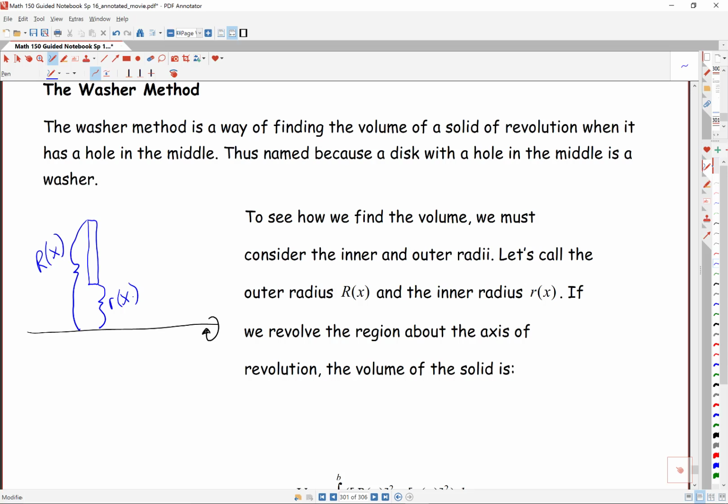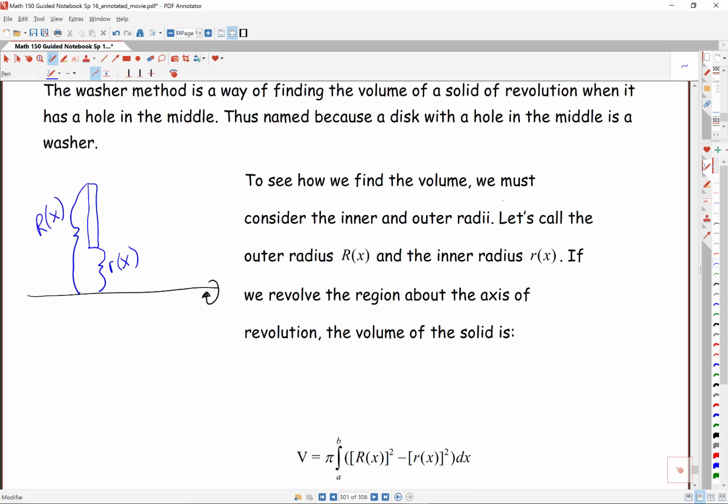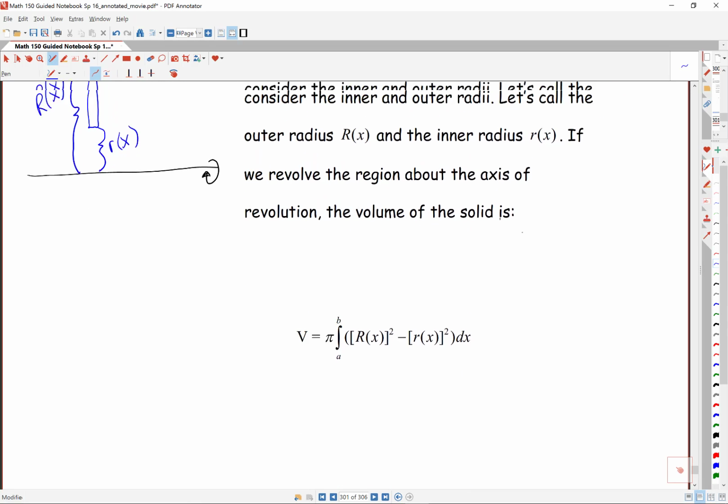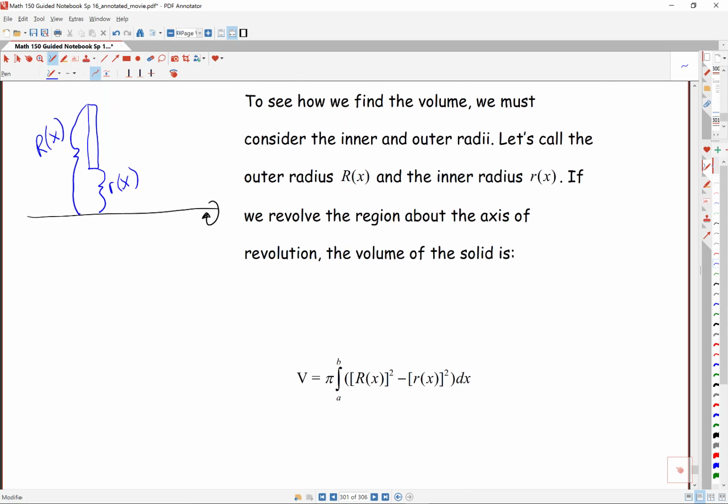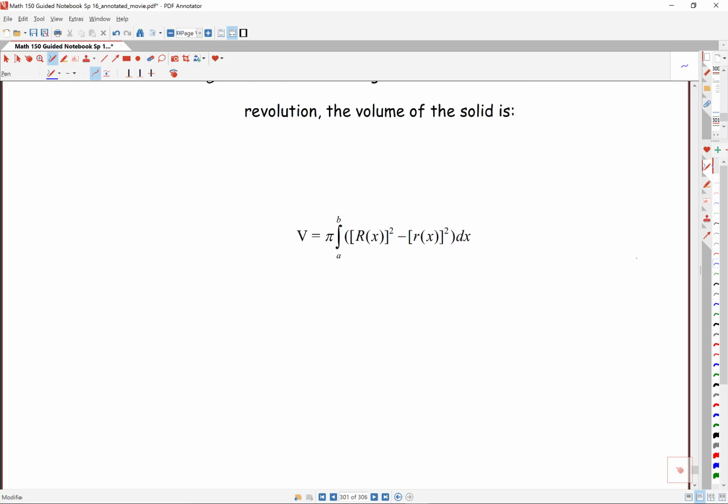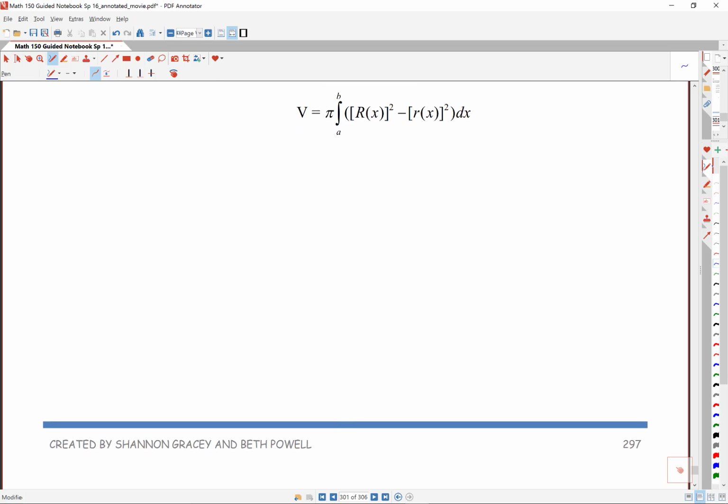I think I said area before, sorry. That subtracts out the volume that was overcounted, all right? So what ends up happening is you have these two separate volumes that are being subtracted from each other. So you end up getting this formula, all right?